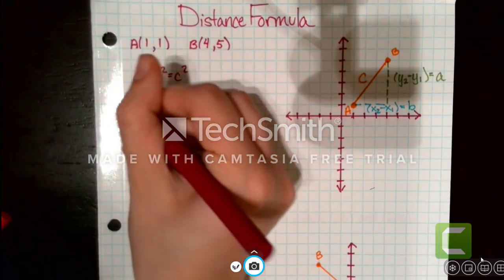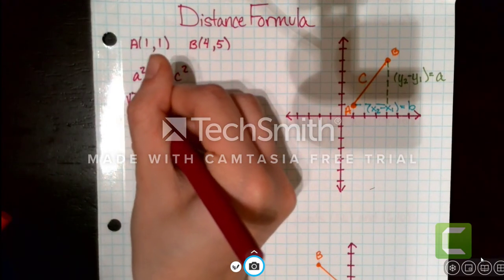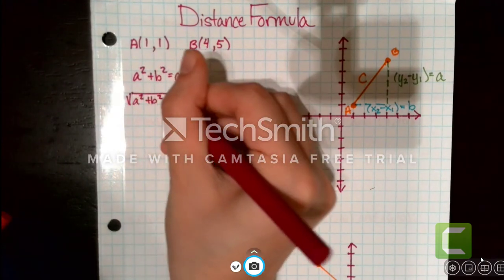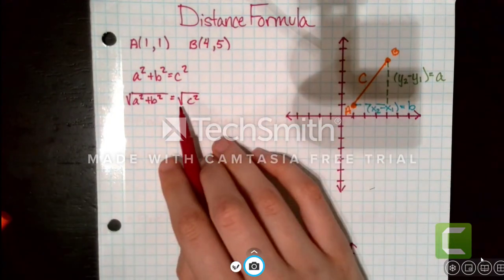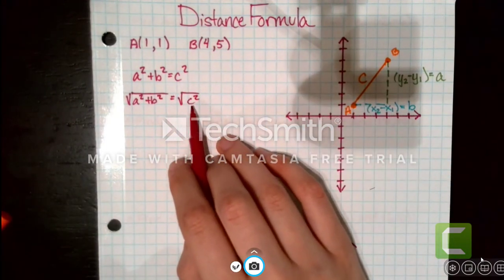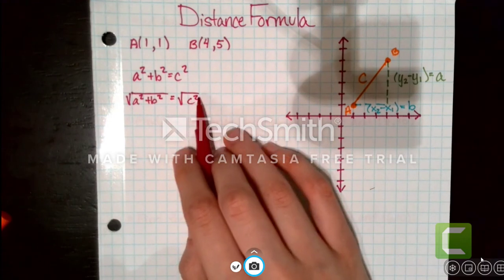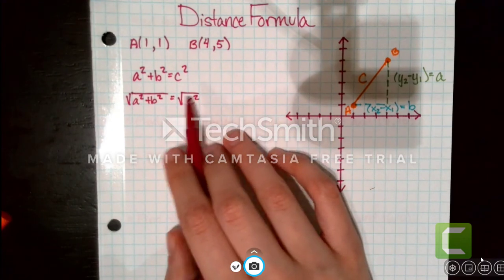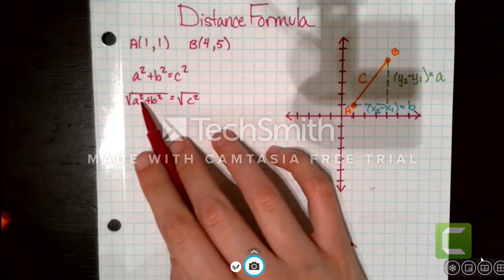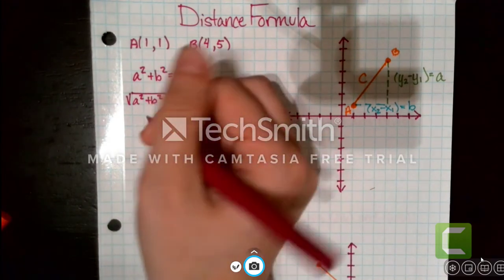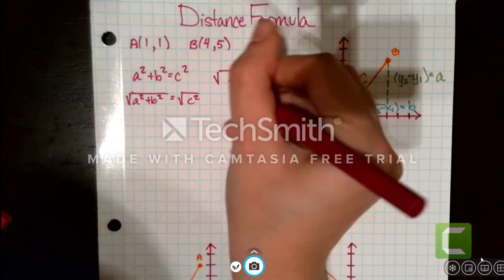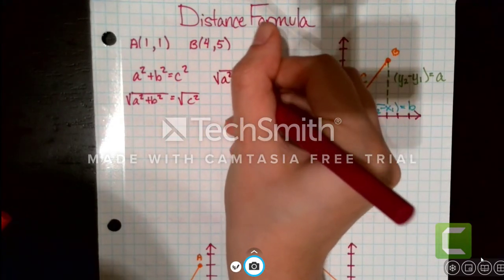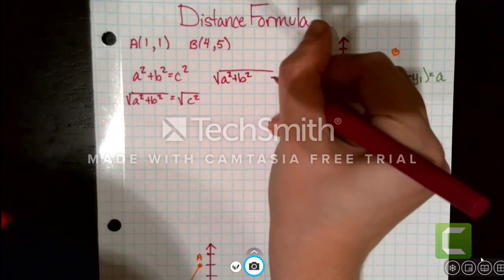So we would square root our a squared plus b squared, and we need to square root c squared. This square root, when being placed on top of our c squared, gets rid of the exponent, but we still have to leave the square root on the left side. So your equation should now look like the square root of a squared plus b squared is equal to c.